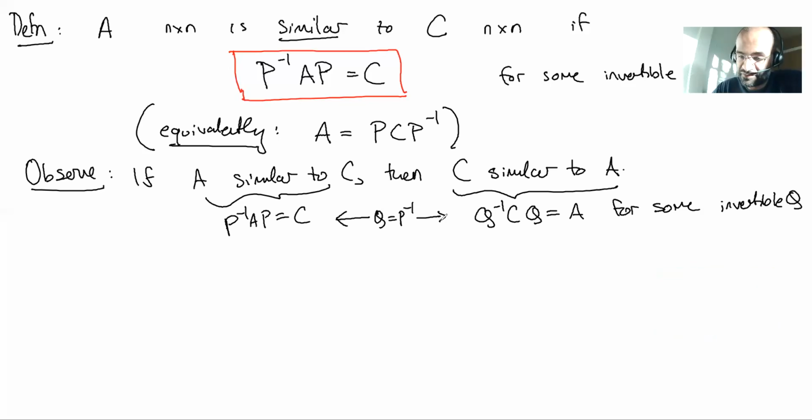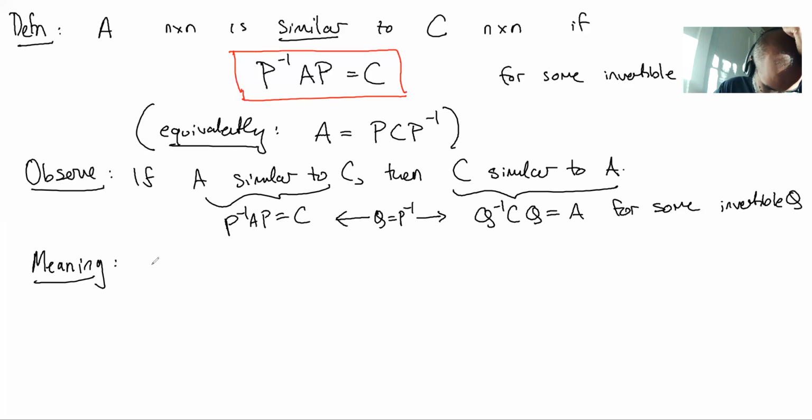And what is the meaning of this? Well, let's think about it. It just looks like a funny algebraic thing right now, but it actually has a very nice meaning. I have my matrix A, an n by n matrix. So that's a linear transformation from Rn to Rn.